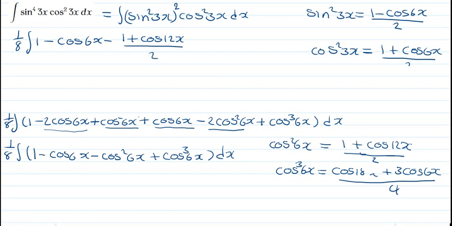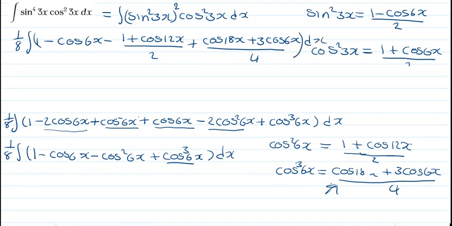Then where there is cos cubed 6x, we're going to replace with what we have this side, so we're going to have plus cos 18x plus 3 cos 6x, everything over 4, and dx.